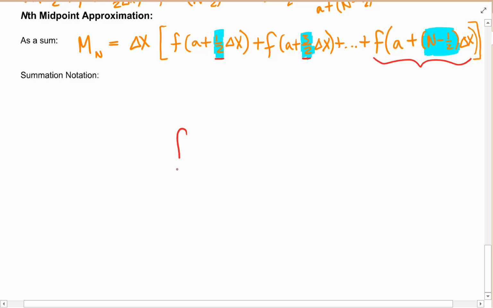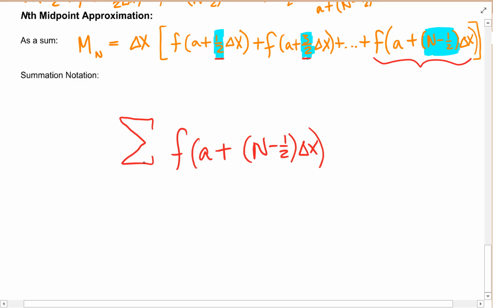So if our general term was f of a plus n minus 1/2 times delta x, well, first of all, if we're using j as our index, then we would need to have j somewhere in here as our input.